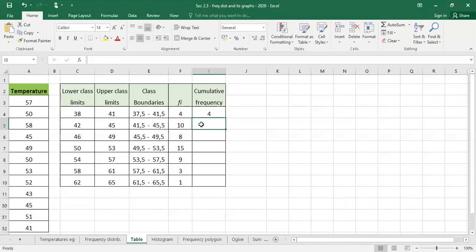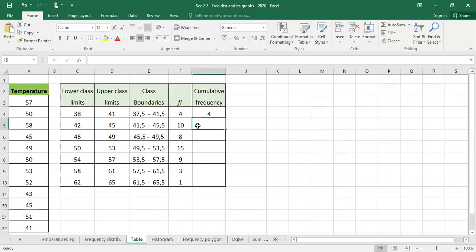So for the next row, our definition, how many data points are less than or equal to the upper boundary of this class? So we know that there are 10 in this class. So they're less than this upper boundary, 45.5, but there's more. There are 4 that are also smaller than that.